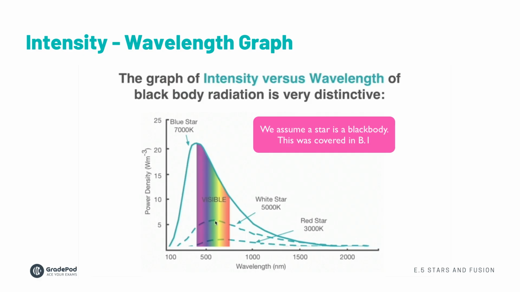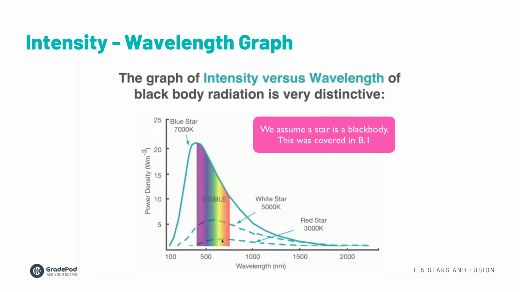If we look at a hotter star, something that appears blue and is 7,000 Kelvin, the curve has the same distinctive shape. There is a peak radiation, and it does radiate over a range of wavelengths, but it emits more of everything, and the peak wavelength seems to be smaller.